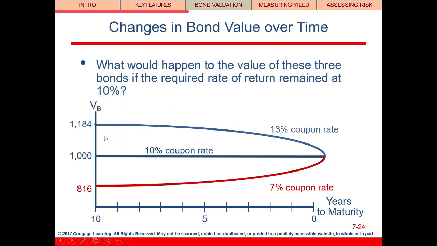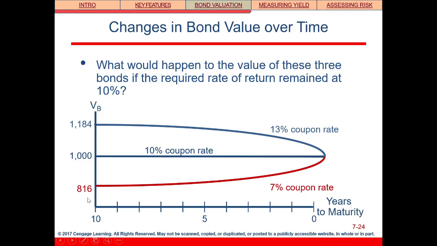And let's assume the market interest rate doesn't change for the 10 years, for the duration of the bond before it matures. Then the price of the bond is going to gradually decline until the last day of its maturity, and then it will reach $1,000, the face value, on the day of maturity. Yeah, so it's going to decline and converge to the face value on the last day of the maturity.